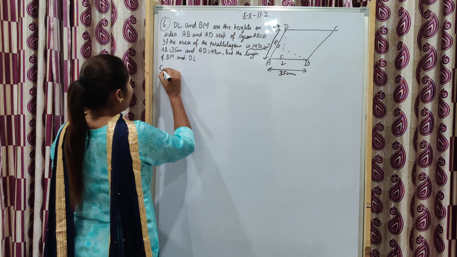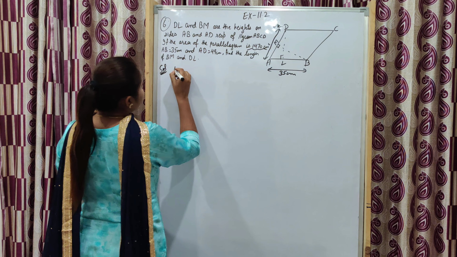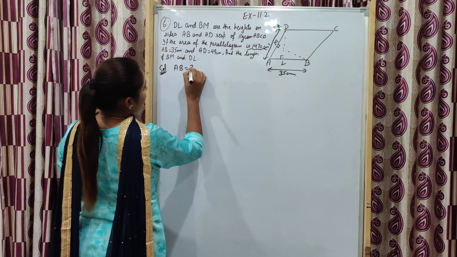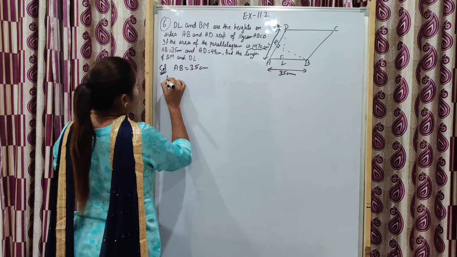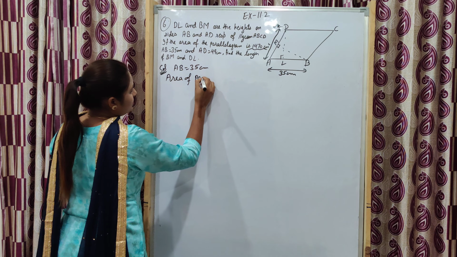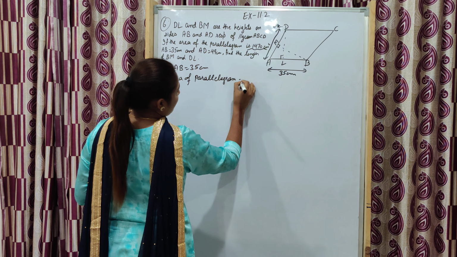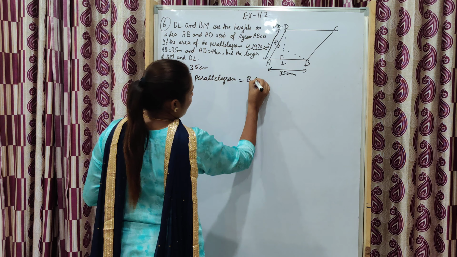So first we will write what is given to us. AB is 35 centimeter and area of parallelogram. The formula of area of parallelogram is base into height. Now area is given to us, that is 1470. We will write instead of area 1470.